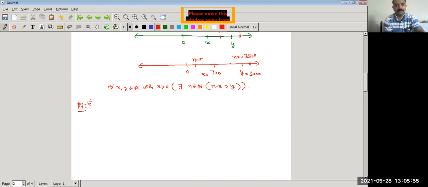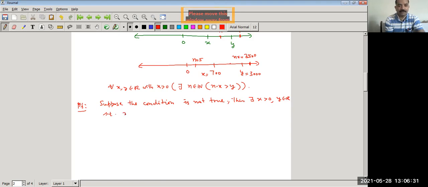Suppose the condition is not true, then there exists x greater than 0, y belongs to R such that n into x is less than or equal to y, instead of greater than y, for all n belongs to natural numbers. Since x is greater than 0, we have x is a positive number.